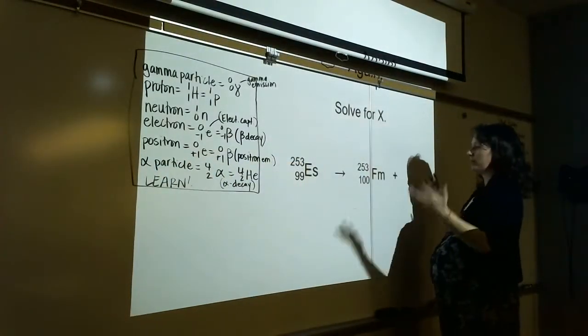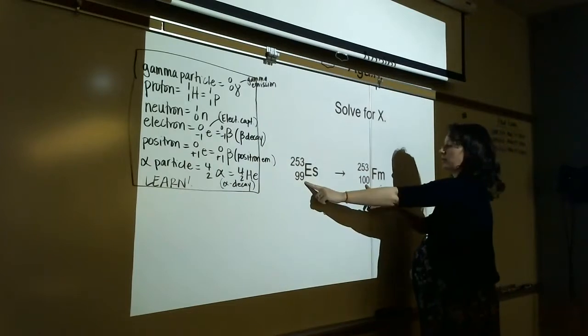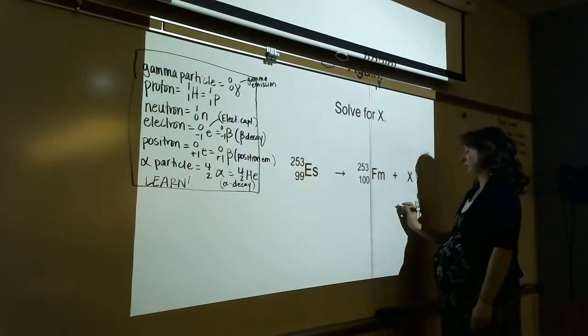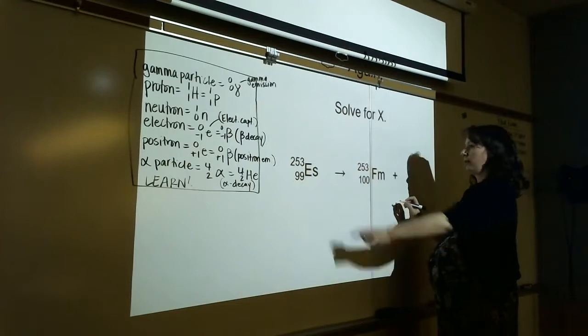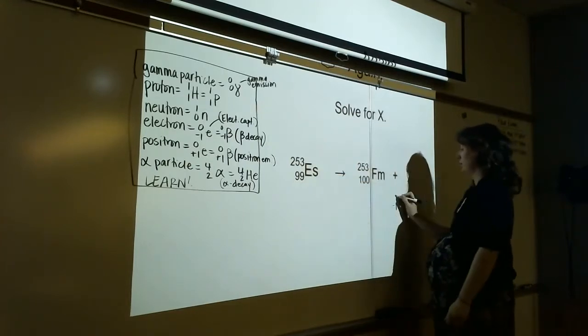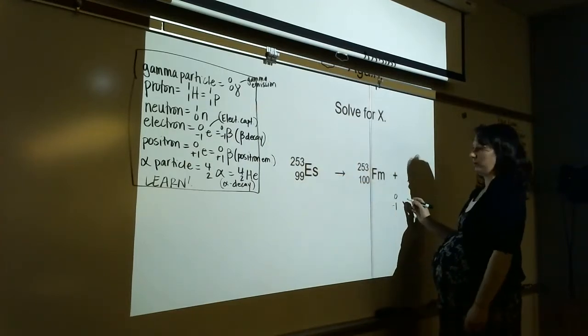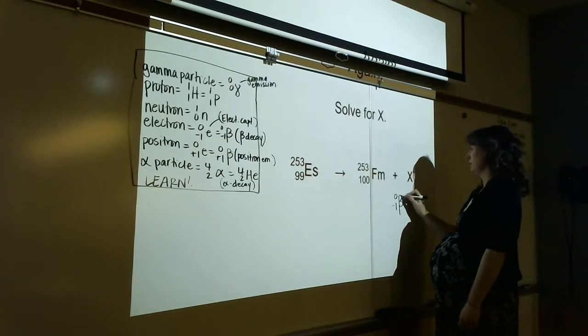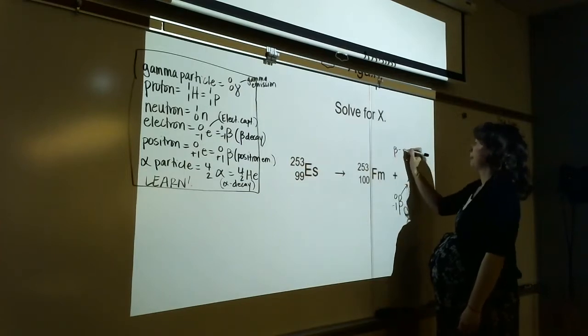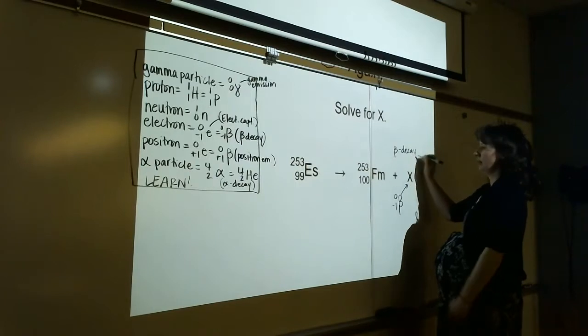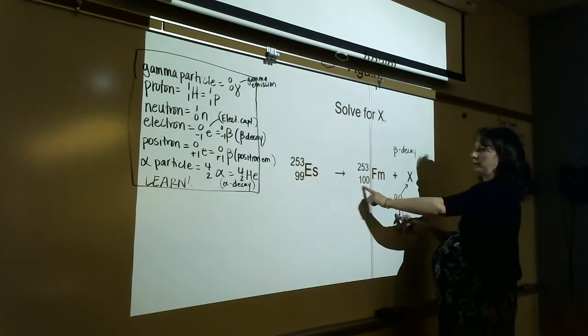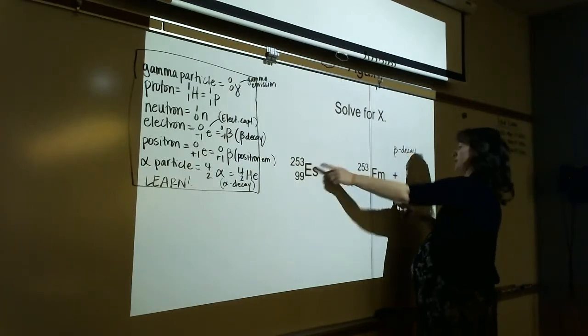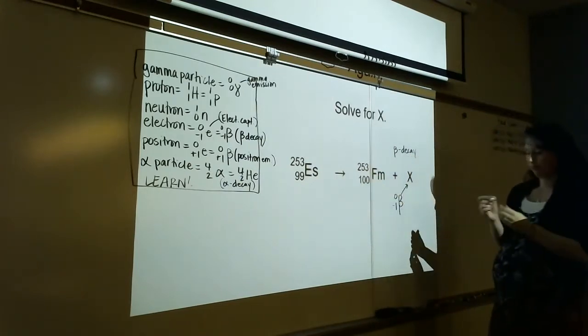If we want both sides to equal each other, this goes up by 1, so that means that the bottom number needs to be -1. Top number doesn't change, so it's the same as the previous one, right? This is also beta decay. Because 100 plus -1 gives me 99. 253 plus 0 gives me 253.